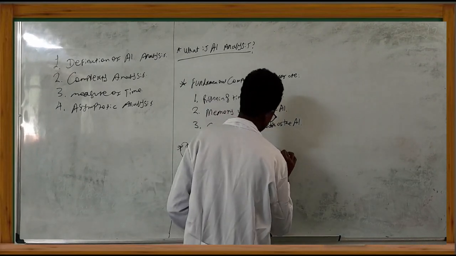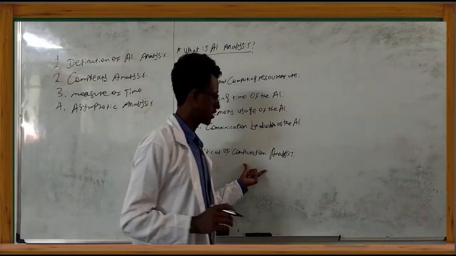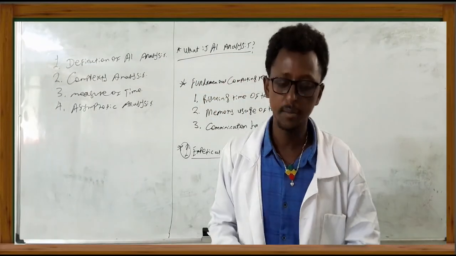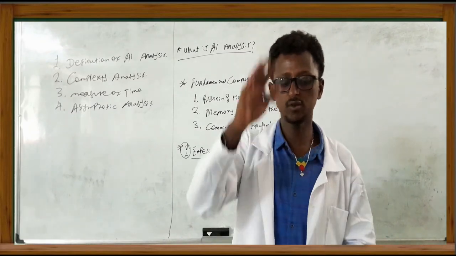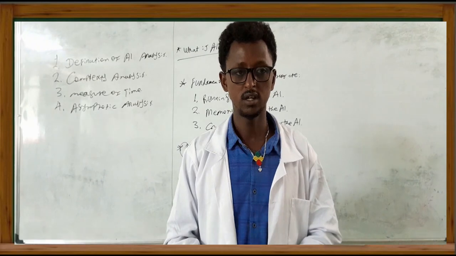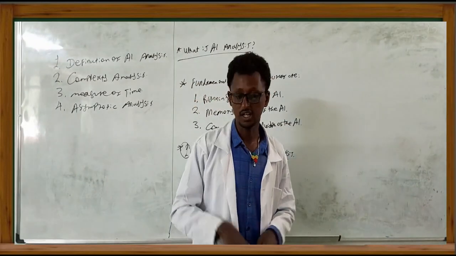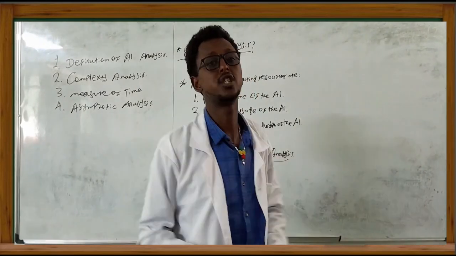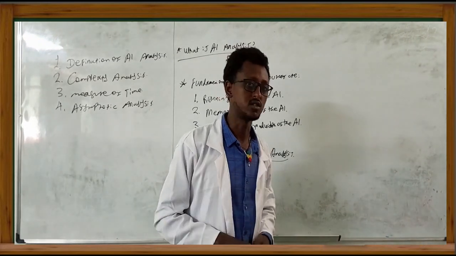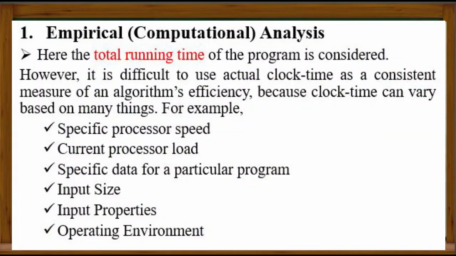What does empirical computational analysis mean? Starting from the definition, the total running time of a program is considered. However, it is difficult to measure exactly how much the running time of a given algorithm is.